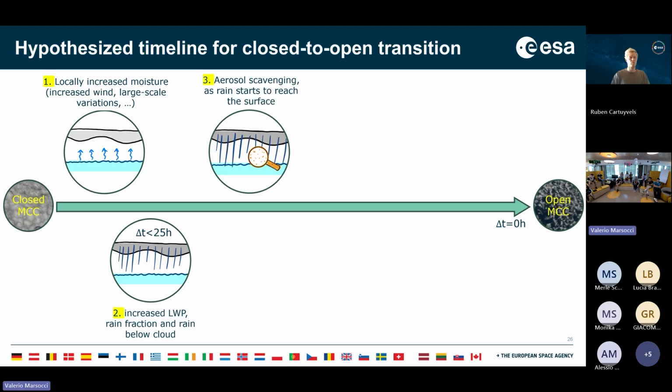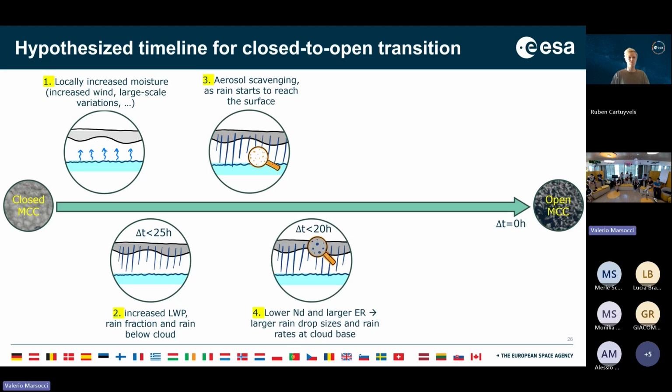So as soon as we have enough rain that it reaches the surface, we get aerosol scavenging. When we have less aerosol in the boundary layer, this leads to lower number concentration and larger radii of cloud droplets. You can imagine that in each cloud droplet there's at least one aerosol, and if we have less aerosol, we will have fewer cloud droplets. But if we still have the same moisture available, the cloud droplets will just grow larger.